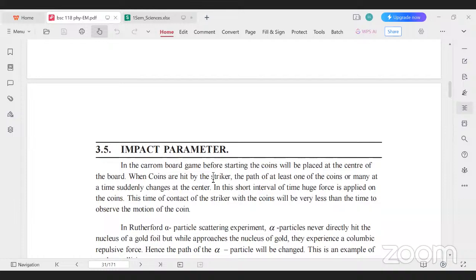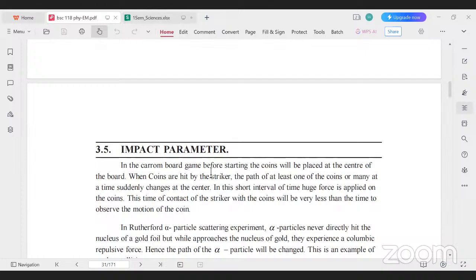So the path of at least one of the coins, or many at a time, suddenly changes at the center. The center place is being disturbed. So in this short interval of time, a huge force is applied on the coins. The time of response of the striker with the coins will be very much less than the time to observe the motion of the coin.